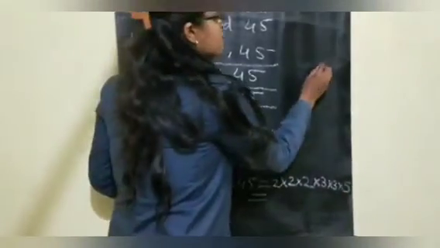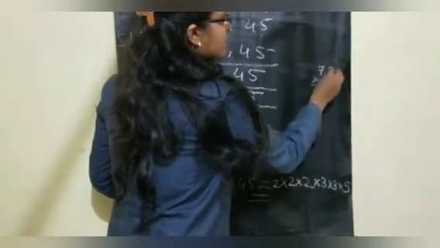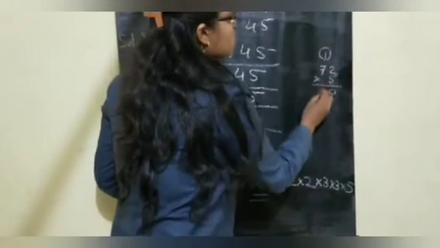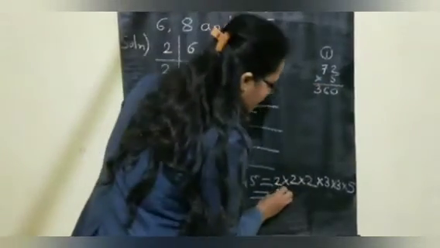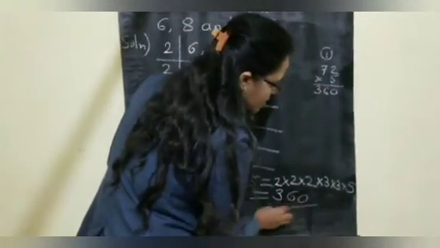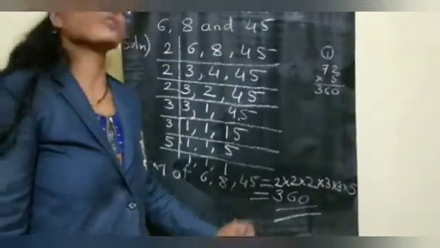Then do 72 times 5 and get your answer. 5 2s are 10, 7 5s are 35 plus 1 is 36. So here we get the answer: 360 is the LCM for 6, 8 and 45.